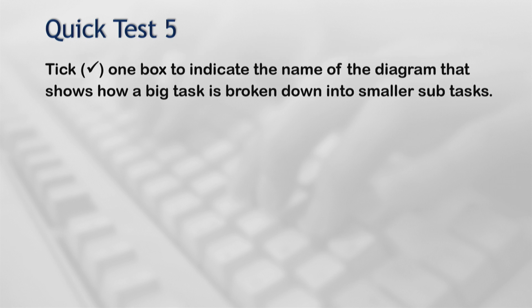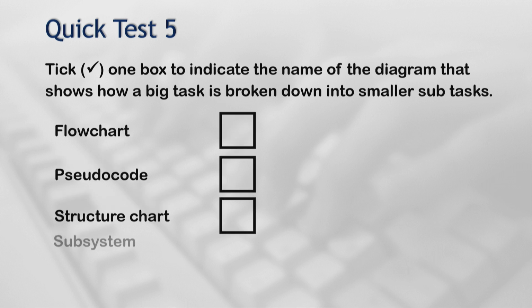Question 5 is another question where you have to tick the correct answer. Tick one box to indicate the name of the diagram that shows how a big task is broken down into smaller subtasks. The choices are flowchart, pseudocode, structure chart, and subsystem.